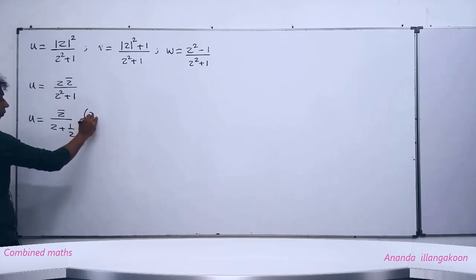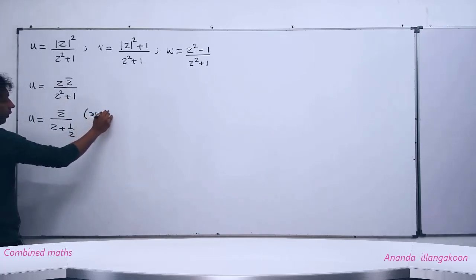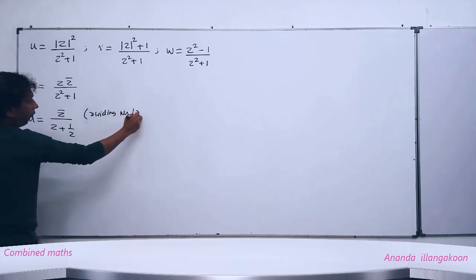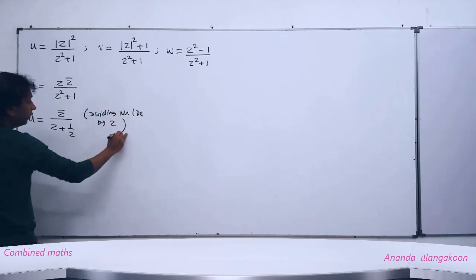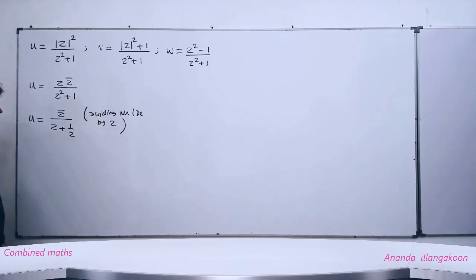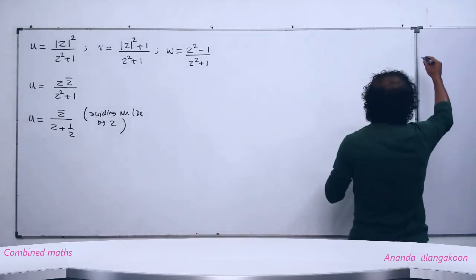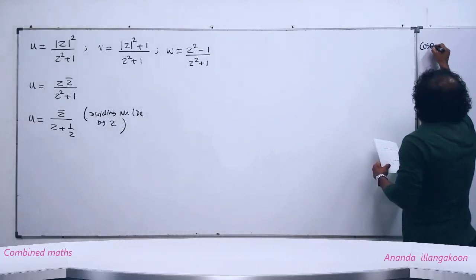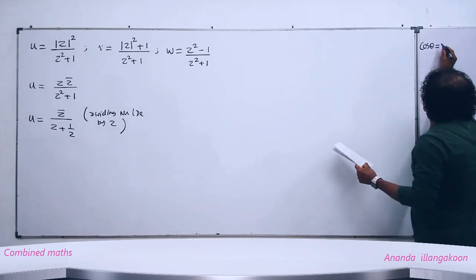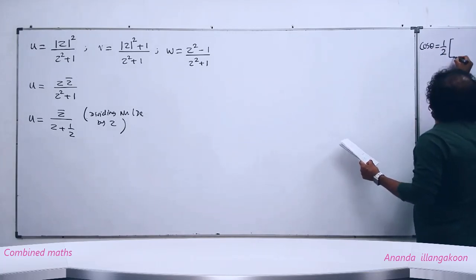Dividing numerator and denominator by z. People, for z plus 1 upon z, we proved an answer. We put 2 results like this: cos theta is half of z plus 1 upon z.